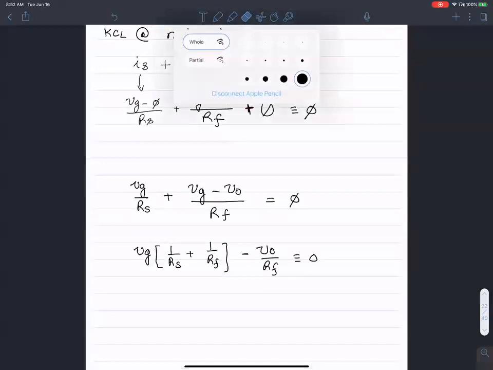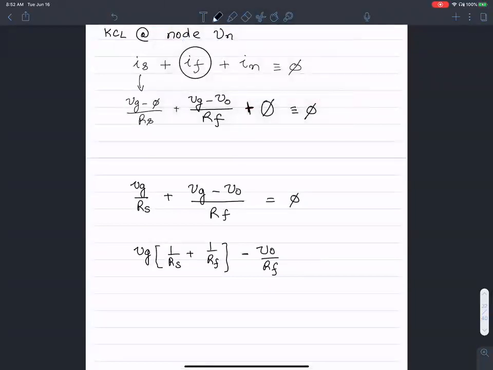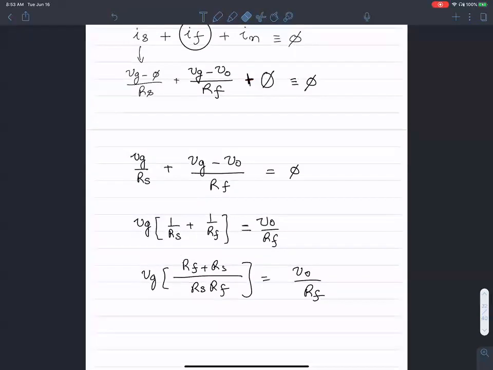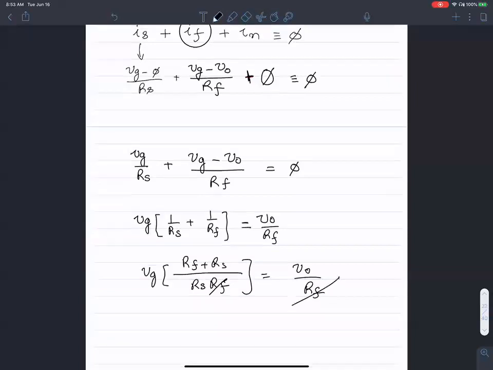So meaning I can take this to the other side and write it as this guy equals to that guy. Okay, so VG times RS times RF over RF plus RS equals to V0 over RF. I took the product of this, which is simply the equivalent of 1 over RS plus 1 over RF. Okay, so I can cancel RF on either side.